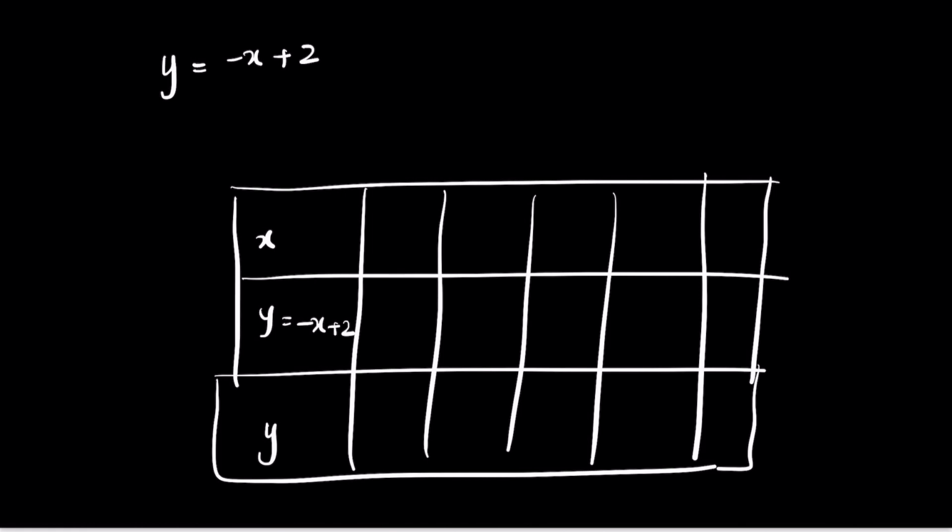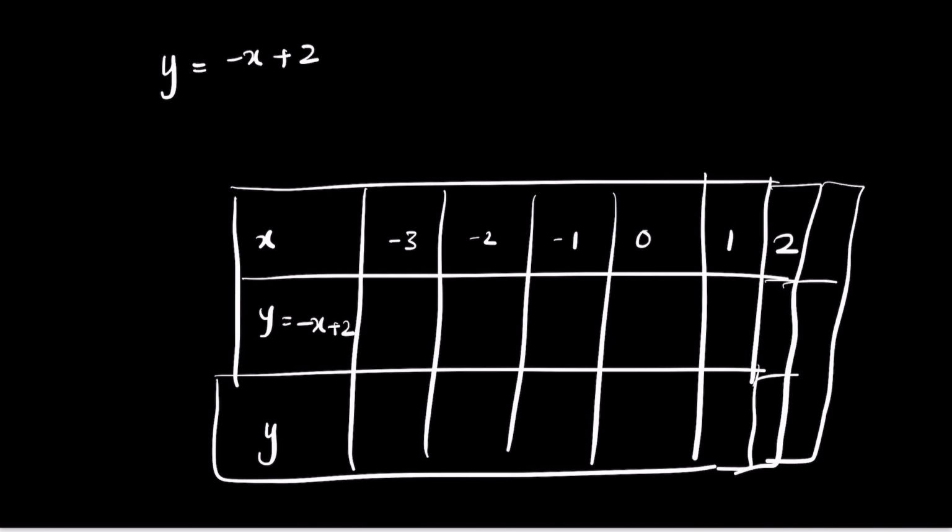You can choose, for example, negative 3, negative 2, negative 1, 0, 1, 2, until, let's say, positive 3. Substitute the values, write down the x, y ordered pairs, and finally plot them on the graph. So pause the video right here and try to solve this problem.